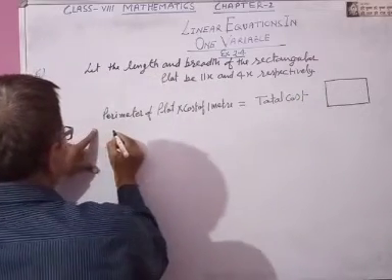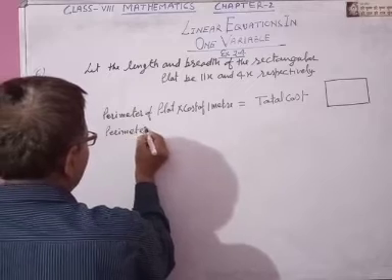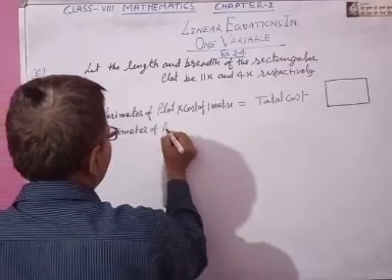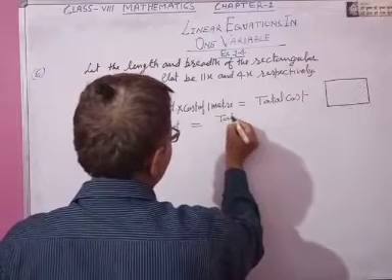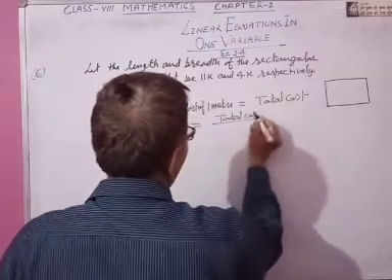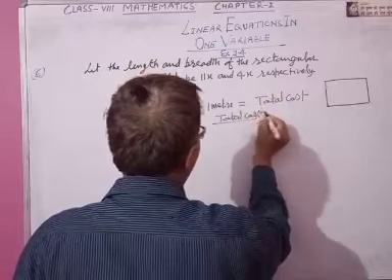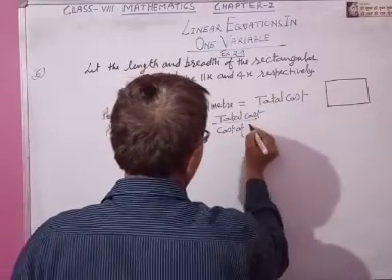So perimeter of plot equal to total cost upon cost of 1 meter.